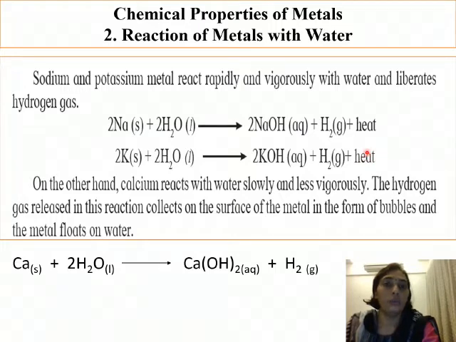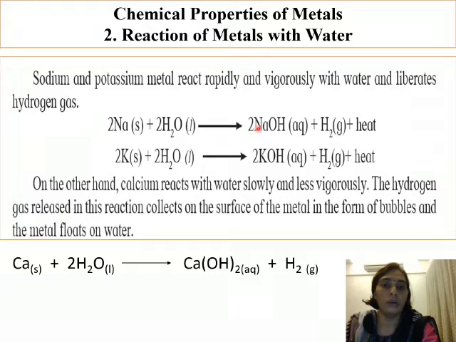I want you all to simultaneously see the balancing part also. Okay, so here we have 2 hydrogen, here we have 3 hydrogen. To balance it, we write coefficient 2 here. This is your first step. This makes hydrogen 4. To make hydrogen 4, you write 2 here.